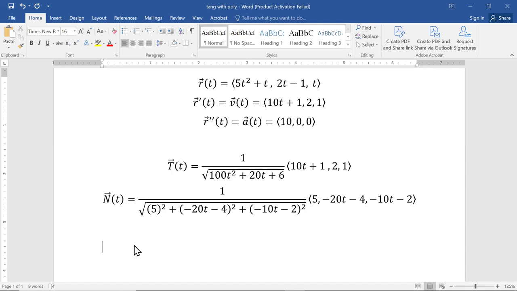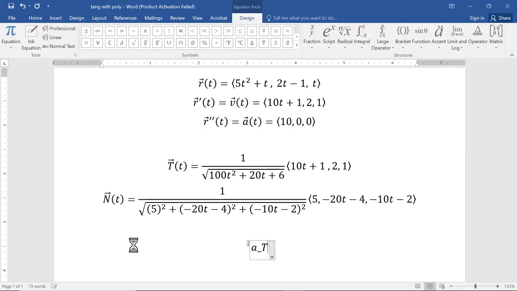So the dot product, what I mean by that is a sub t is going to be the dot product of acceleration and the unit tangent vector, which in this case, we have a messy coefficient, and then we have 10t plus 1, comma 2, comma 1.